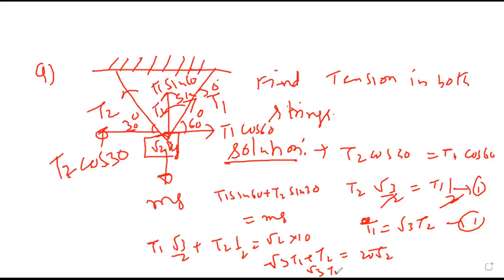Root 3 times T1 is root 3 times root 3 T2, which is 3 T2, plus T2 will become 4 times T2, equal to 20 root 2. Therefore T2 is 5 root 2. Then substitute, we will get T1. Shall I clear now? Yes, sir.